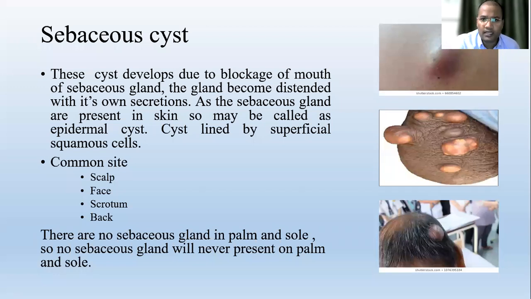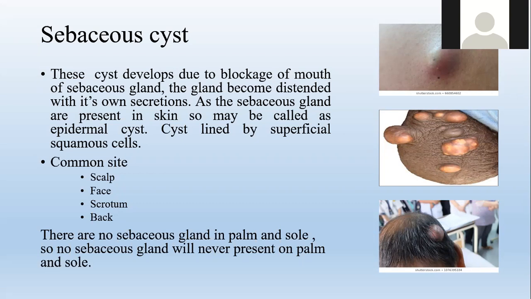Along with this sebum, there must be some dead bacteria and dead, desquamated cells present in the cyst secretions. Most of these cysts are present at sites like the scalp, face, scrotum, and the back.